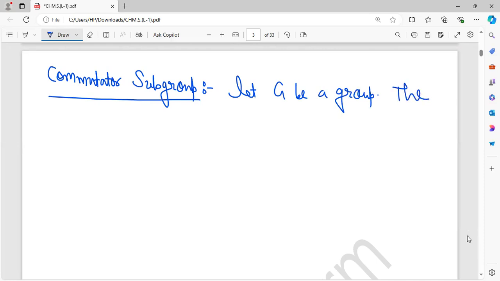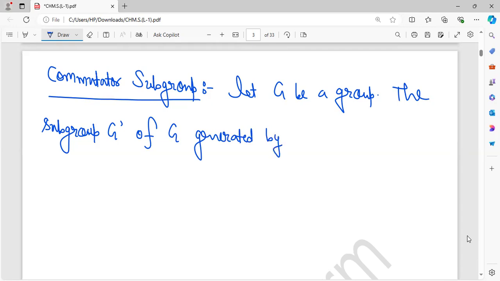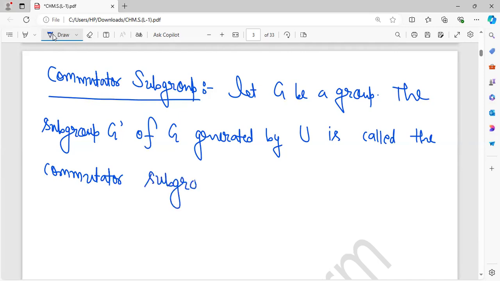The subgroup G dash of G generated by U is called the commutator subgroup of G.